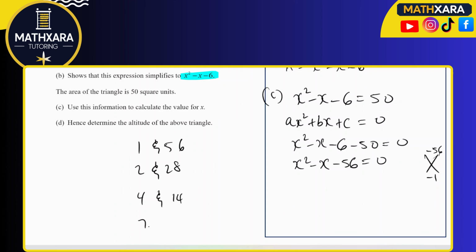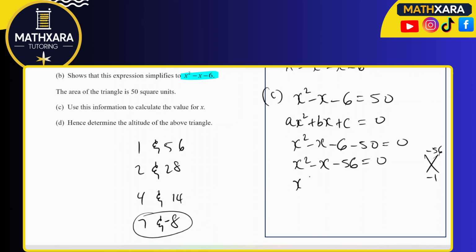And of course, 7 and 8. The only pair that's 1 unit apart would be 7 and 8. But if you notice, we need a negative 1. So a little rule, if the middle term is negative and the end term is negative, the larger factor should be negative in order for us to have a negative 1.